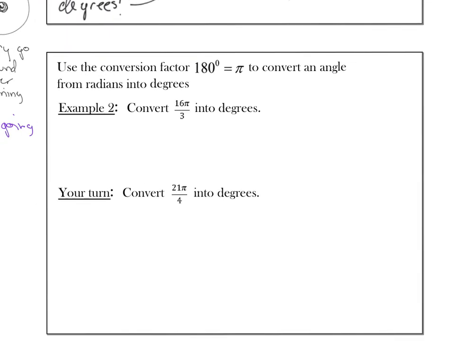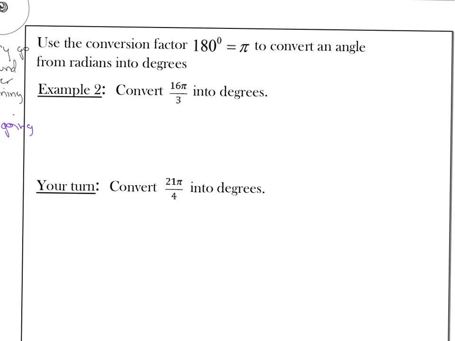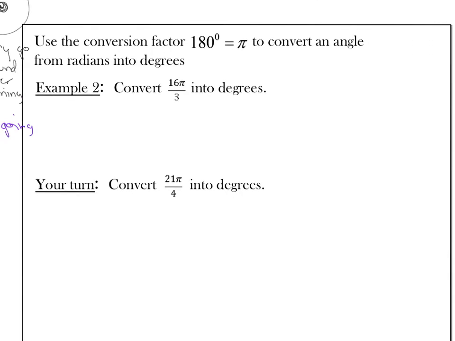So kind of jumping backwards, now you're converting this to this, and you're trying to figure out what's going on. So now you've got your distance around the circle. How many degrees did they spin? Well, you're going to do 16 pi over 3, except now you're going to multiply it by 180 over pi.